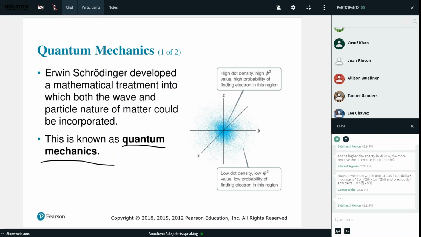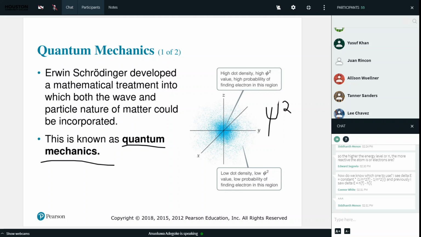So this symbol here is called psi, and it represents the wave function. So we call it the wave function in chemistry. The square of the wave function will help us know where we can find electrons.